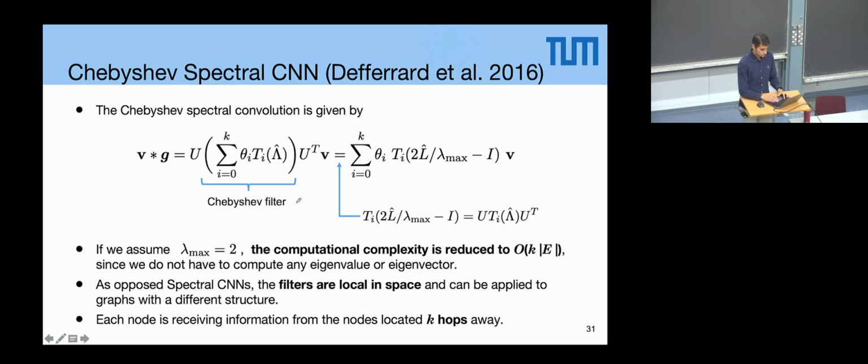Okay, so if we replace that filter into the expression we have for the graph convolution, we have something like this. The reason we were using Chebyshev polynomials is that the composition of what we have inside is equal to the eigenvalue decomposition of the polynomial.